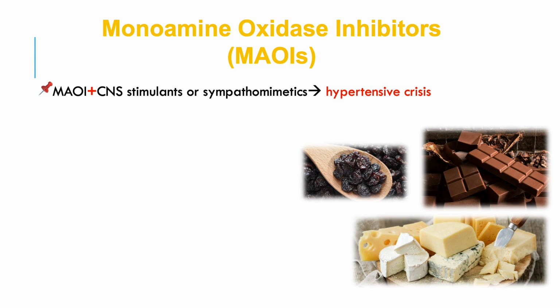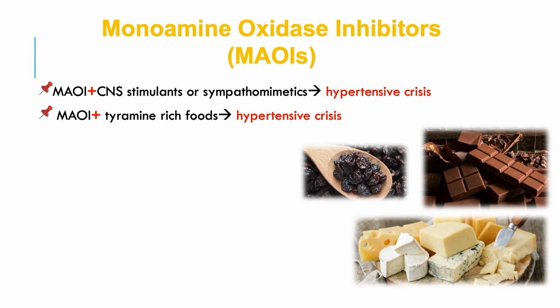Another is if MAOI is taken and the patient eats tyramine-rich foods, it could also result to hypertensive crisis. What are examples of tyramine-rich foods? It includes aged cheese, cream, yogurt, coffee, chocolate, bananas, raisins, Italian green beans, liver, pickled foods, sausage, soy sauce, yeast, beer, and red wines.